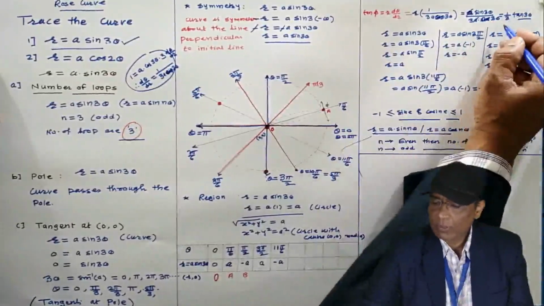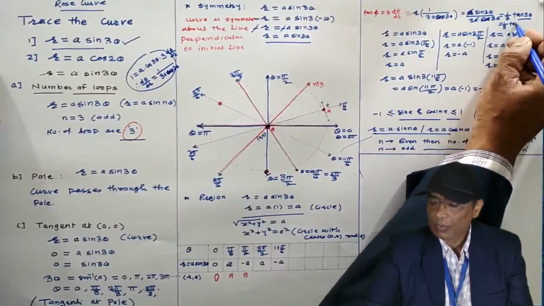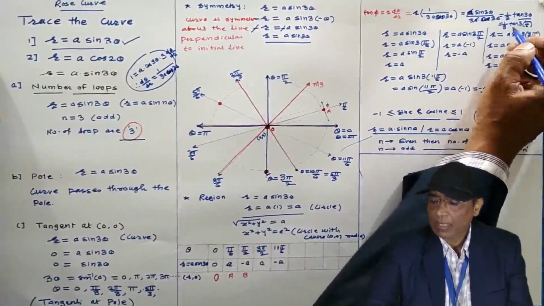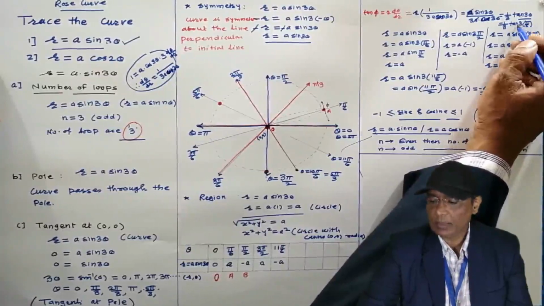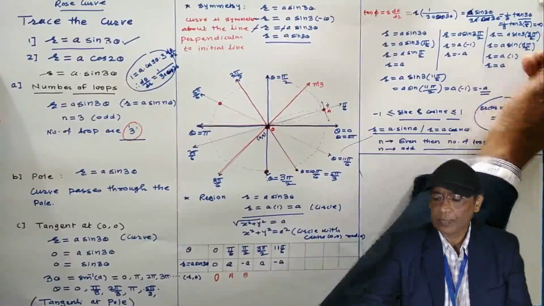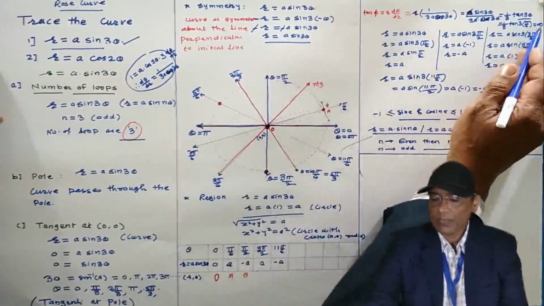For theta equal to pi by 6, what will happen? Tan of 3 theta, with theta as pi by 6, is tan 3 pi by 6, which means tan pi by 2, and tan pi by 2 is infinity.